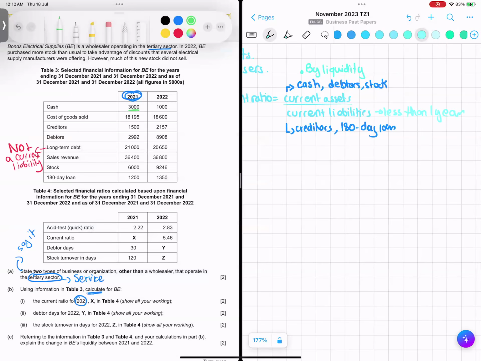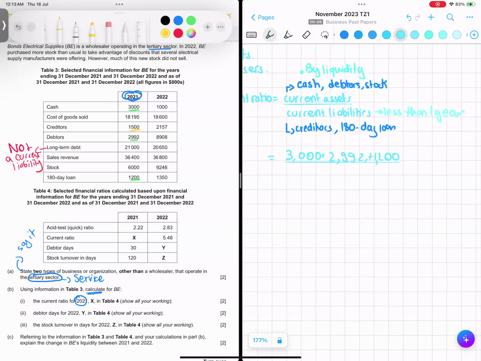So 3,000 cash, debtors 2,992, and then we have the 180-day loan, which is 1,200. So let us begin doing this fast. So 3,000 plus 2,992 plus 1,200 divided by the creditors, which in this case are 1,500 and the 180-day loan.